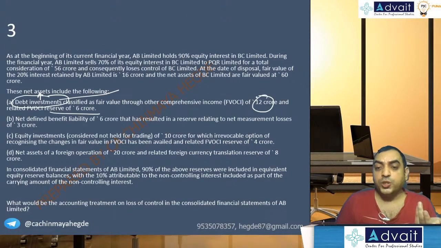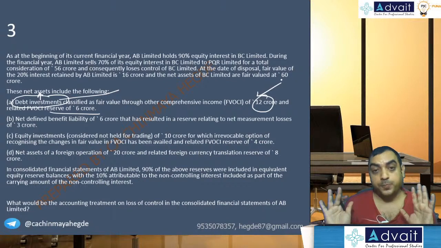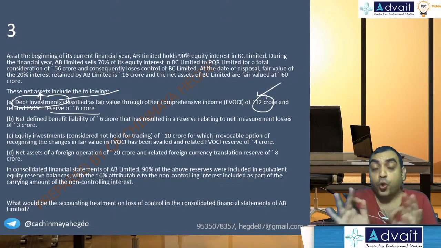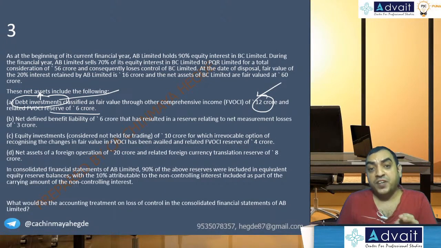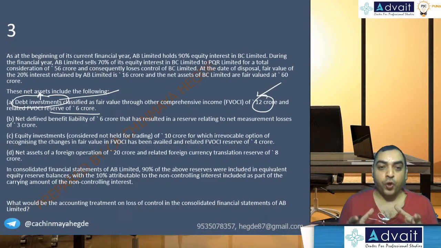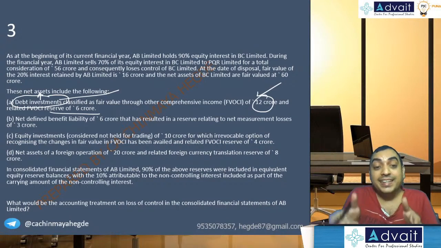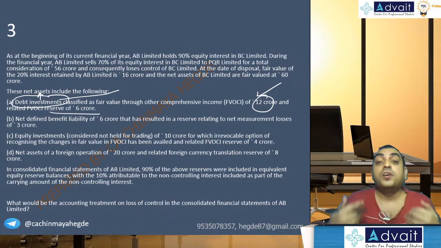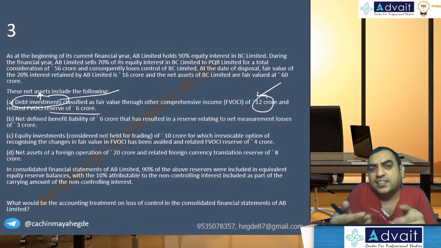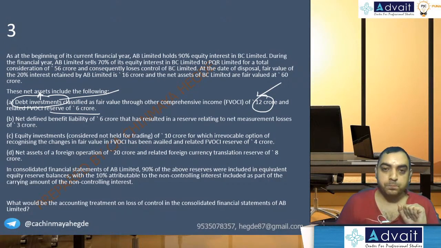That means this 12 crore is closed. You got that? You don't have to pass an entry for debt investments. That is part of net assets. Net assets is derecognized. Therefore, the debt investments is also derecognized. Derecognized in the sense it is sold.